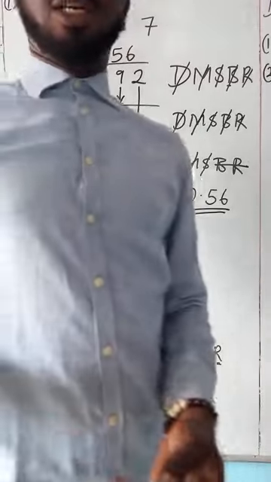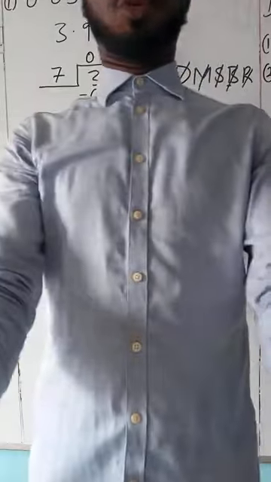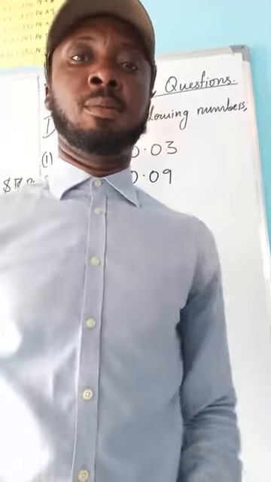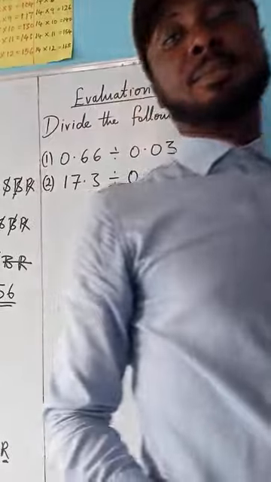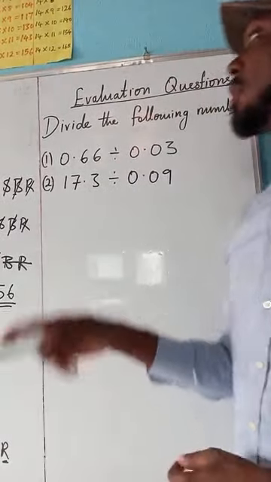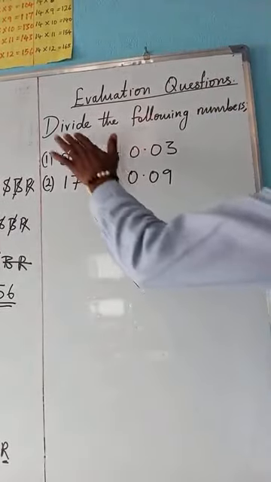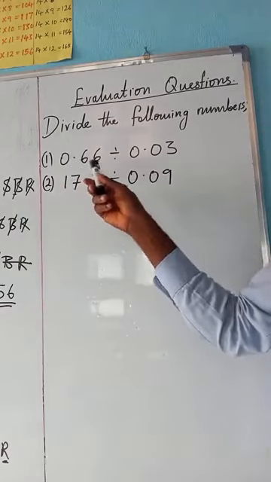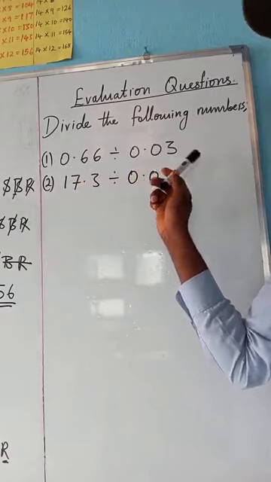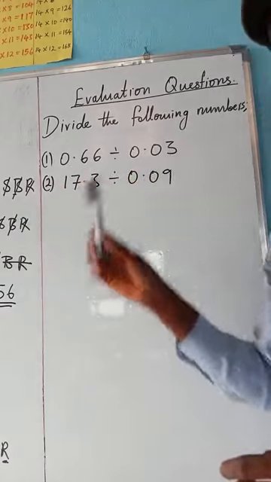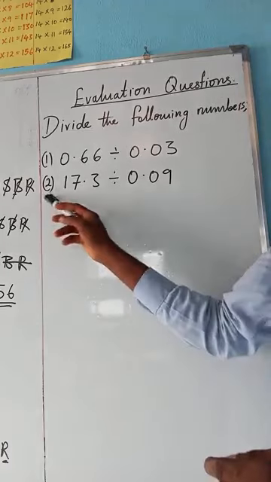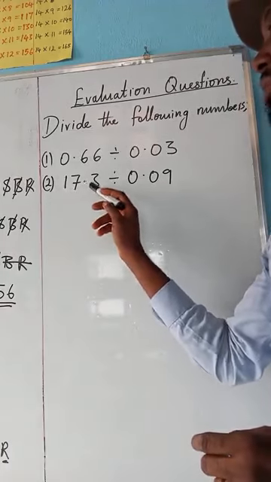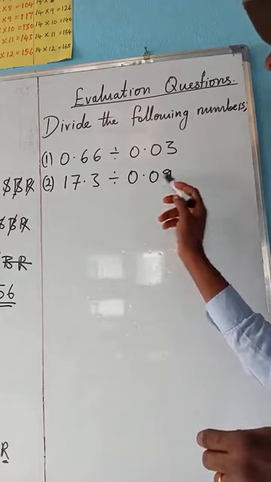So let's quickly look at these evaluation questions. In the evaluation question, we have divide the following numbers. Number 1, 0.66 divided by 0.03. The next one is 17.3 divided by 0.09.